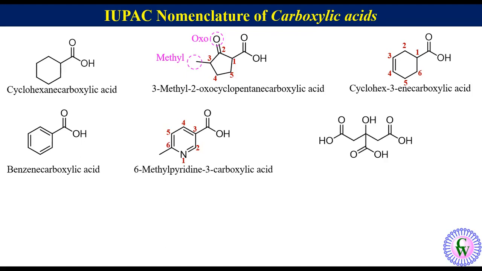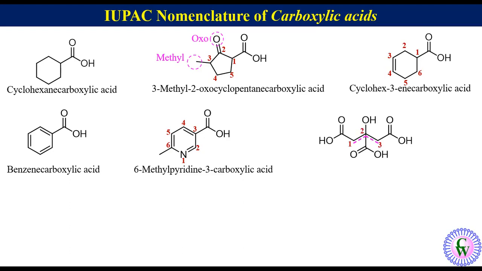Citric acid. In this, there are 3 carboxylic acid groups. So the parent chain will not include the carboxylic carbon. So this 3 carbon chain will be the parent chain. Numbering will be 1, 2 and 3 like this.